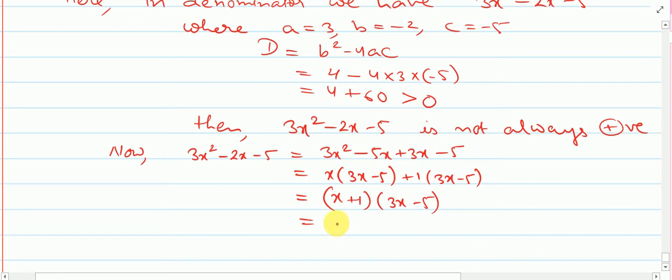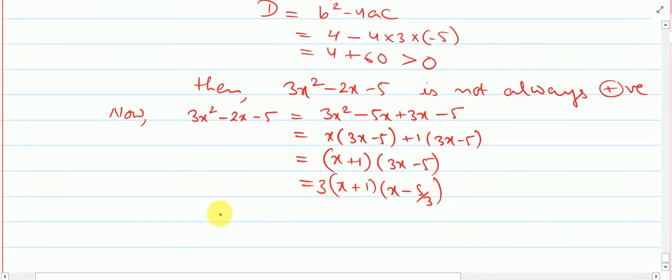So you can write like this, x plus 1, and this 3 can come out, and x minus 5 by 3. Therefore the roots are x equal to minus 1 and x equal to 5 by 3. So that means this quadratic function will be 0 for x equal to minus 1 and x equal to 5 by 3. Clear?